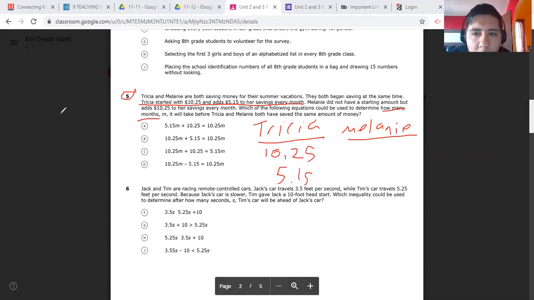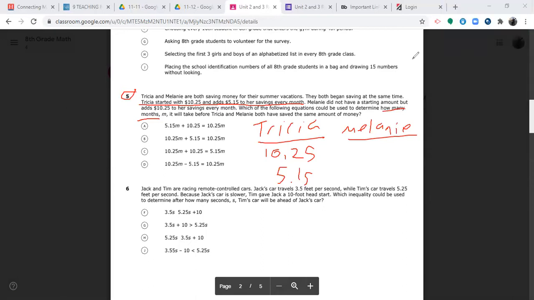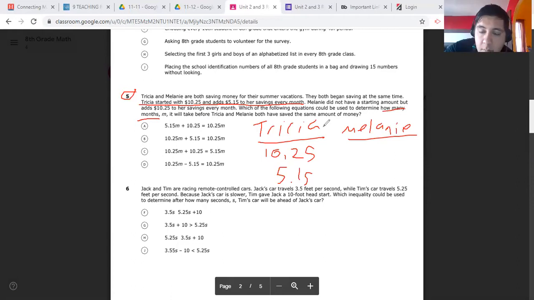So let's go back and say, what are we looking for? What is our key here that we're looking for? So what's important here is that we're looking for the amount of months.